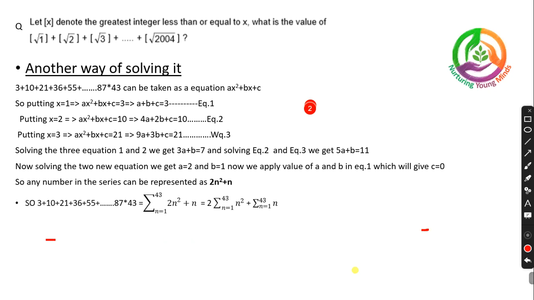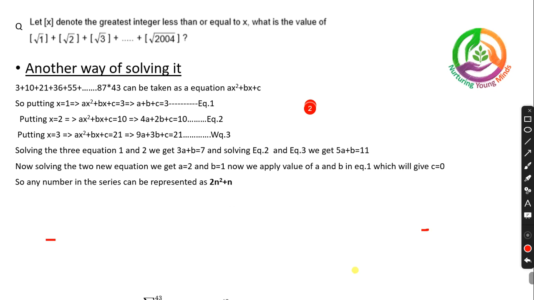Correct. So if you have studied this already, to add these numbers, that is nothing but the summation of 2n square plus n, where n is from 1 to 43. The same thing can be written as 2 into summation of n square plus summation of n, from n equal to 1 to 43.